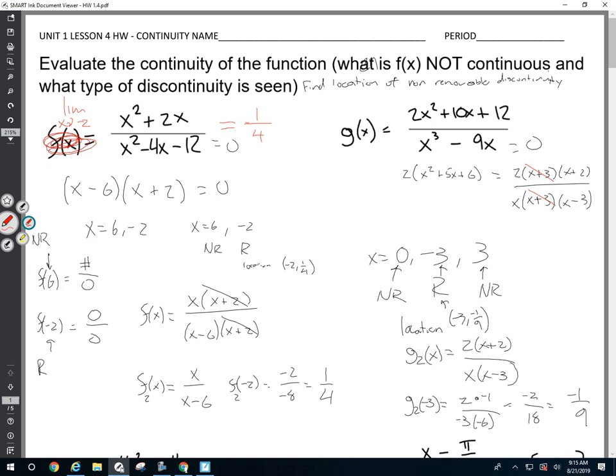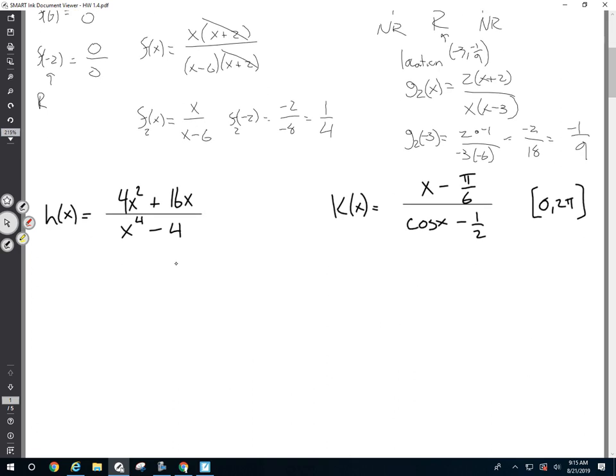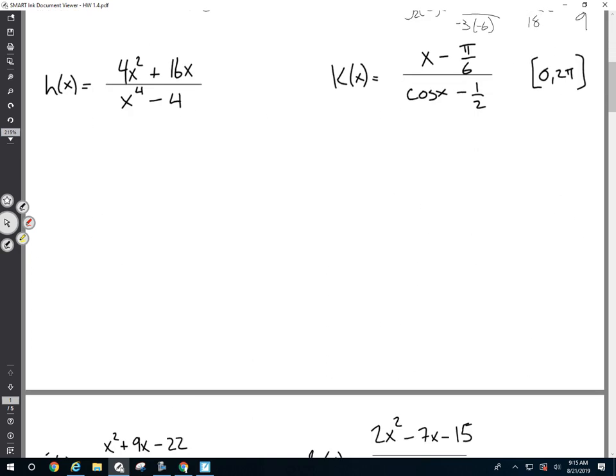It's approaching this hole from the left and from the right. Here, if I asked you what is the limit as x approaches negative 3 for this expression, you would answer that it's negative 1/9. Your function has a hole at negative 3. The hole's location is approaching negative 1/9. All right, let's keep going.